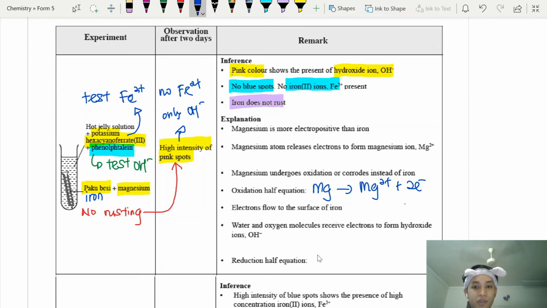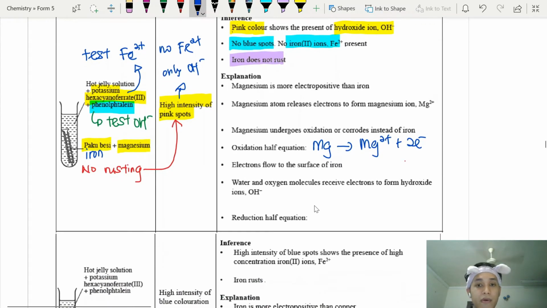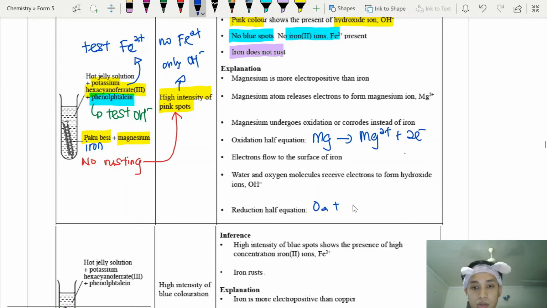And then the reduction half equation is still the same: O2 + 2H2O + 4 electrons gives 4 hydroxide ions.